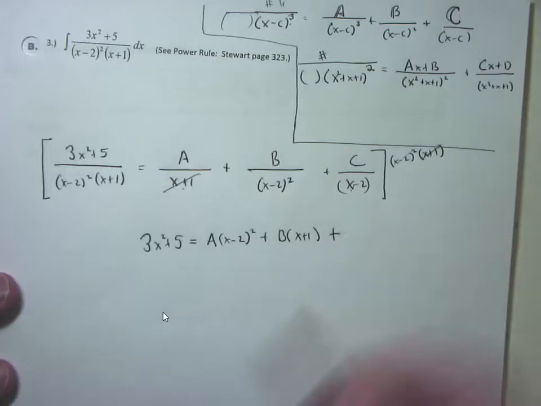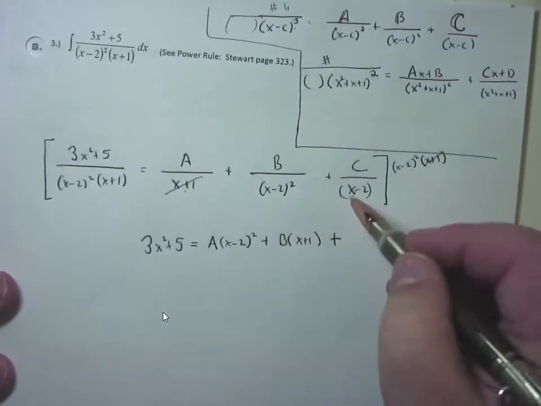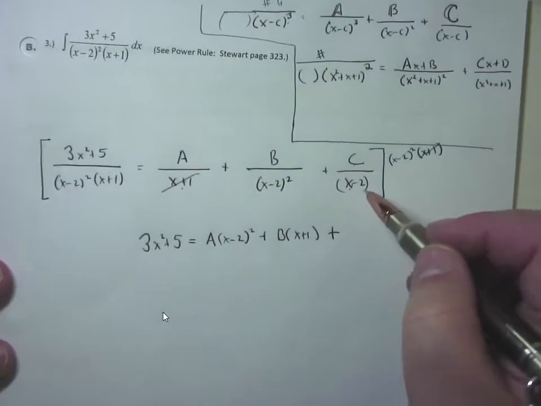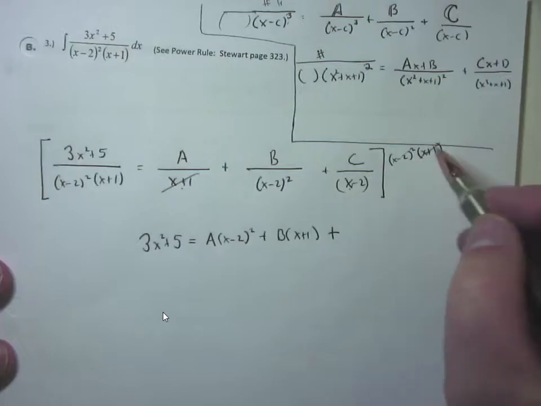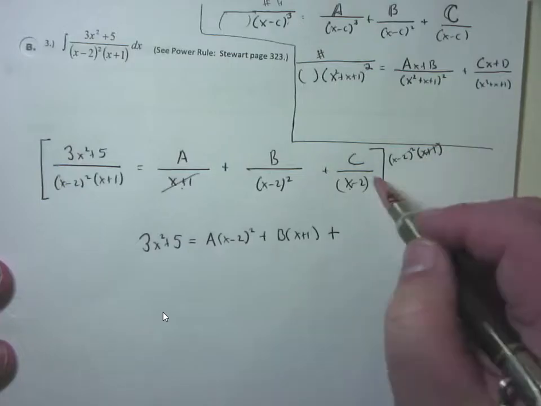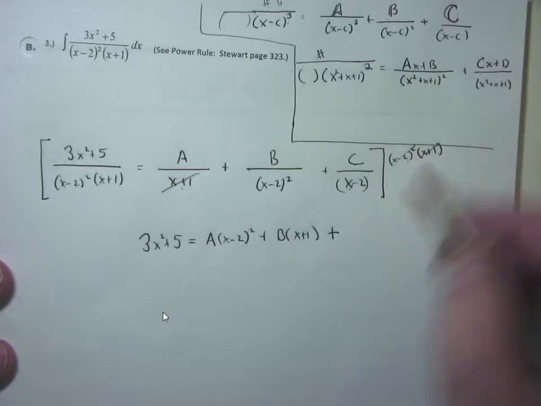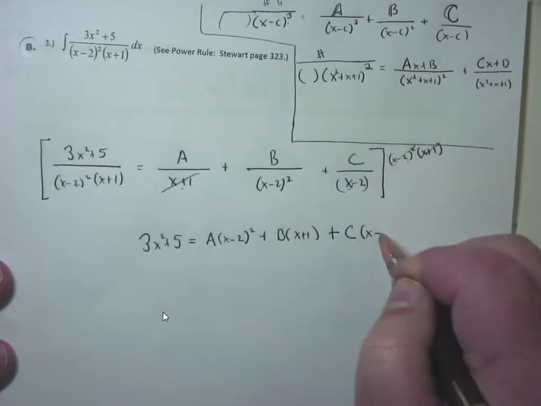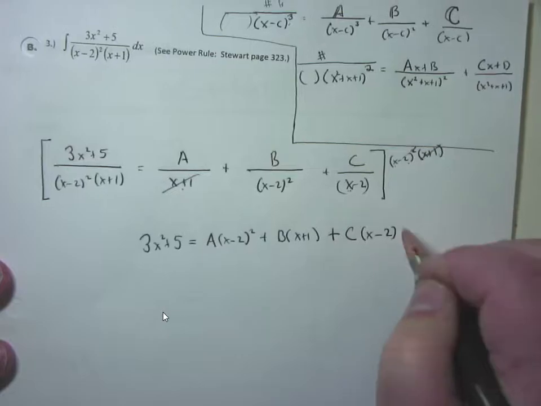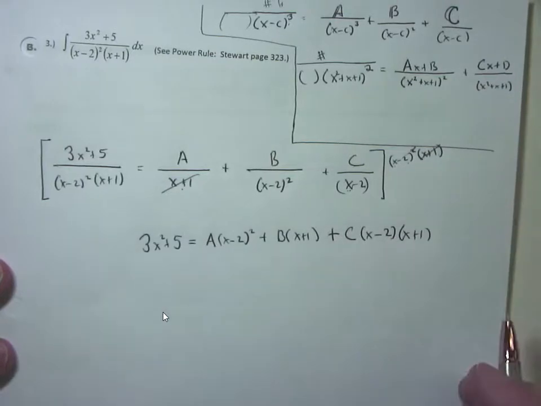But look at c. You got c divided by x minus 2. You're multiplying it by x minus 2 squared times x plus 1. Well, x minus 2 and the x minus 2 squared, one of those is going to cancel, but you're left with a c with still one x minus 2 left over, times that x plus 1. Does that make sense?